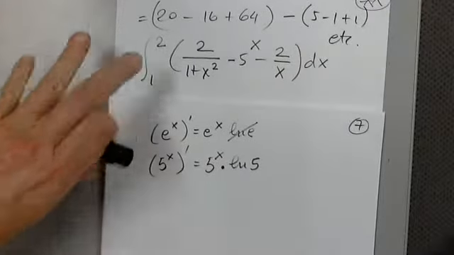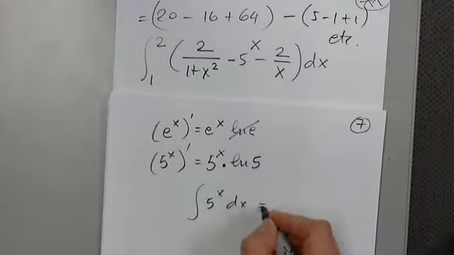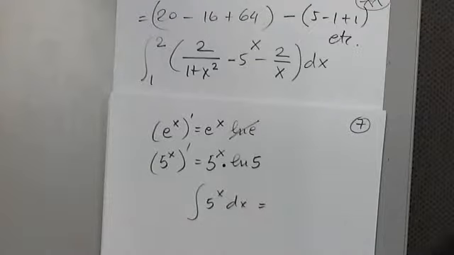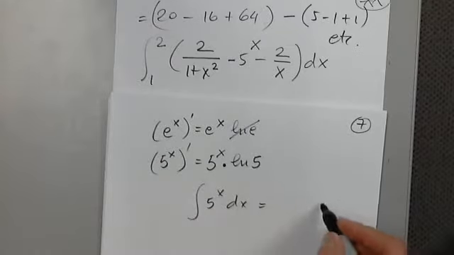And by changing the base, that's what happens. So now, when I integrate 5 to the x dx, what will I get? Something that when I differentiate, I get 5 to the x.